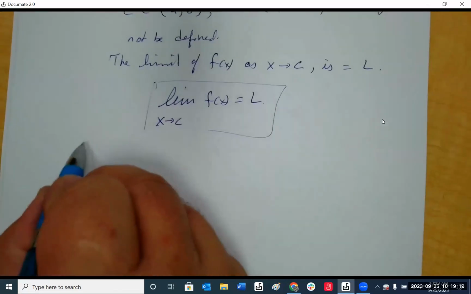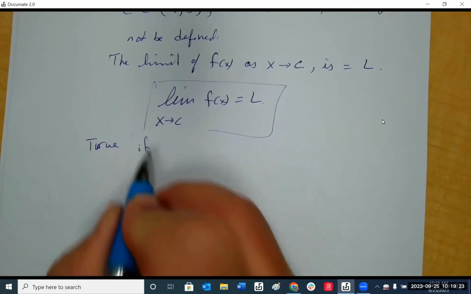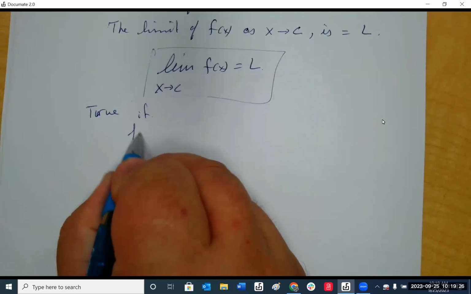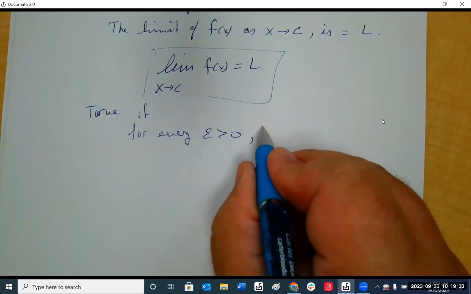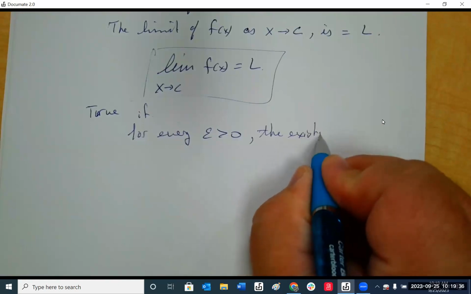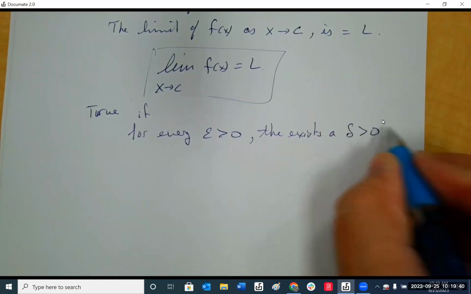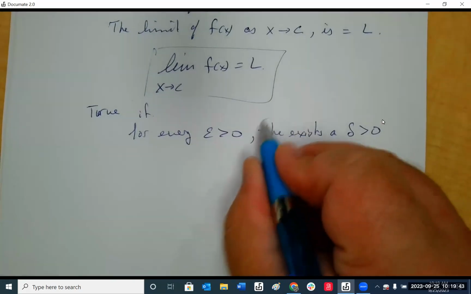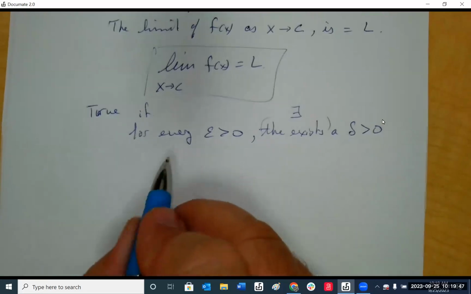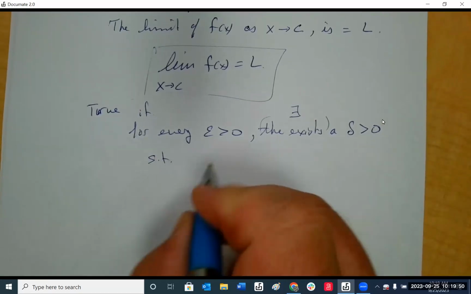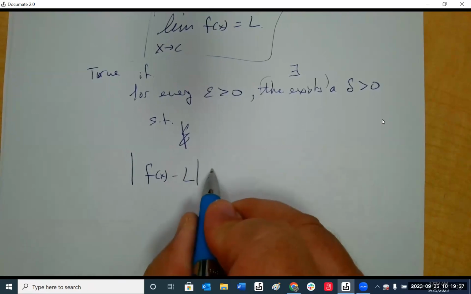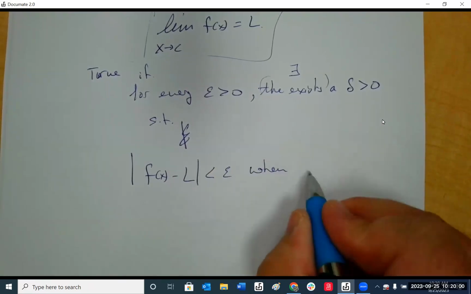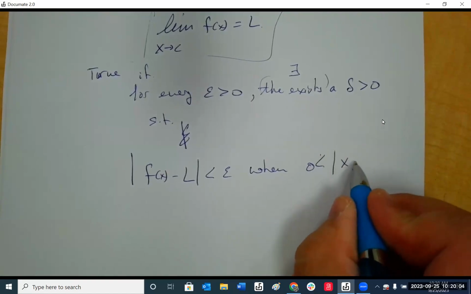This is true if for every epsilon greater than 0, there exists, I'm using that symbol, a delta greater than 0, such that the distance from our function to L is less than epsilon whenever the distance from x to c is within delta.